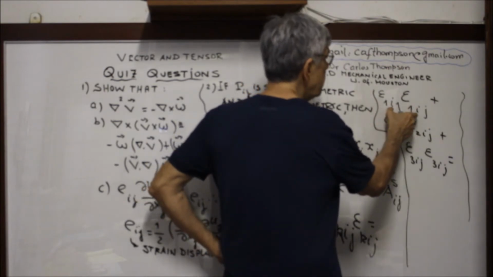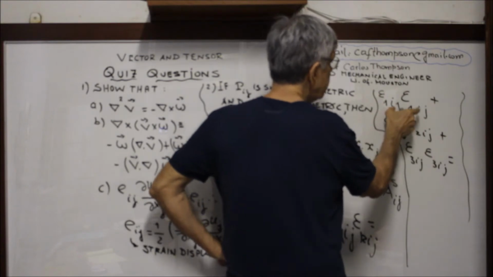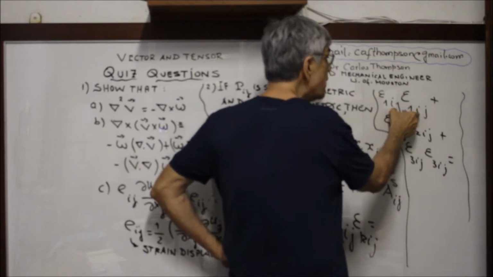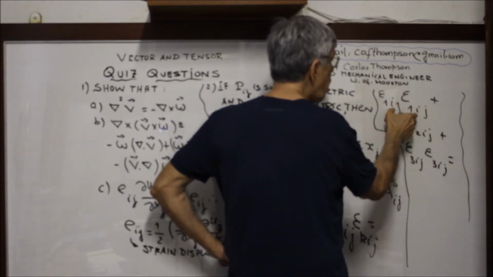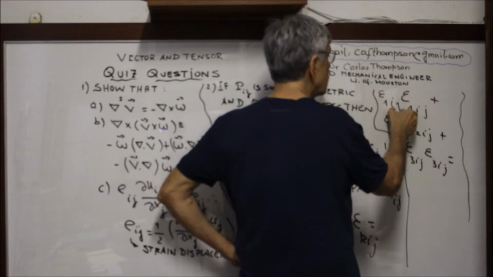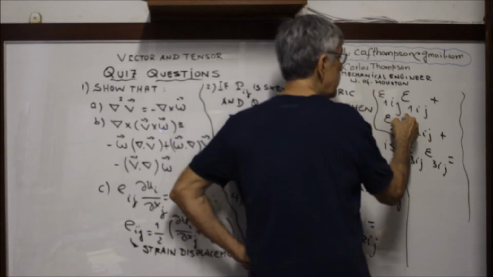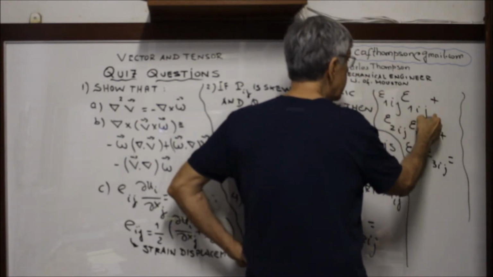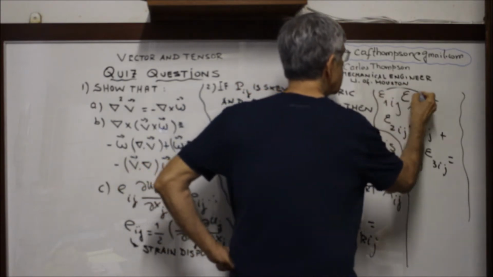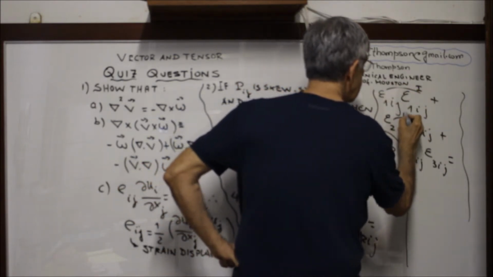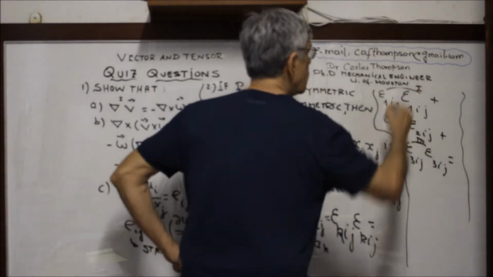Now let's sum on i. For i equal to 1, this will be 0. This will be 0. Now for i equal to 2, this will be 2 and 2, so j must be only 3. So let's call this 1, this is 2, and this is 3. Let's work on 1.